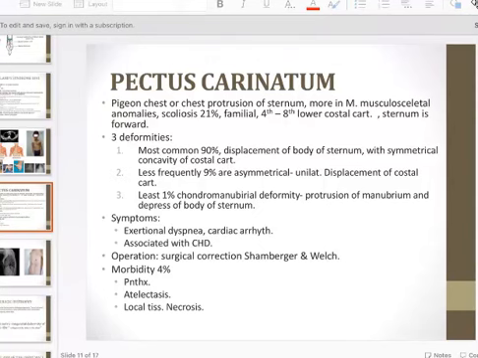For the operation, we do a surgical correction, by the Ravitch or by the Welch operation. Mortality is 4%. Post-operative complications include pneumothorax, atelectasis of the lung, or sometimes local tissue necrosis if you have immobilization and you cut the blood supply of those muscles.